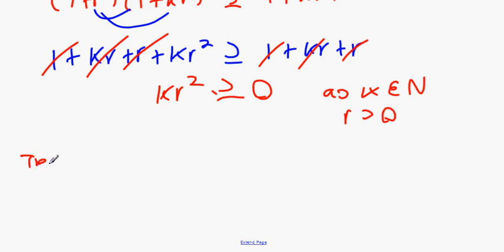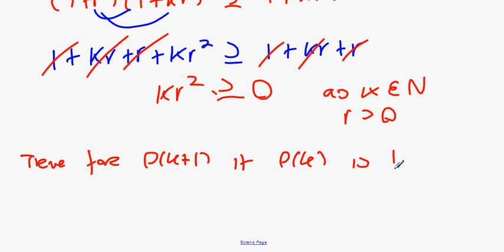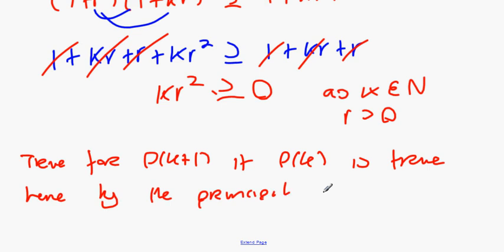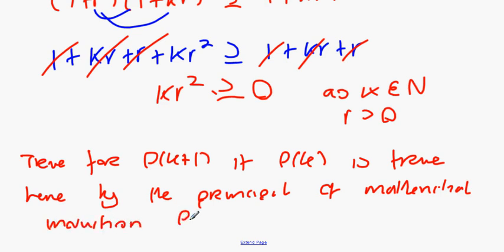So true for P of k plus 1 if P of k is true. Hence, by the principle of mathematical induction, P of n is true.